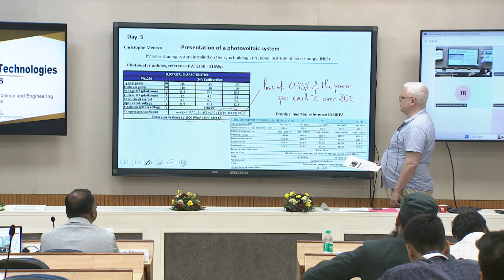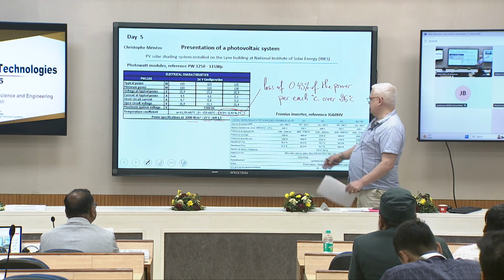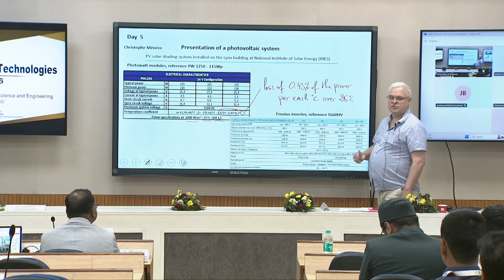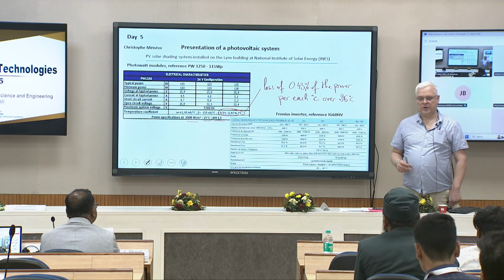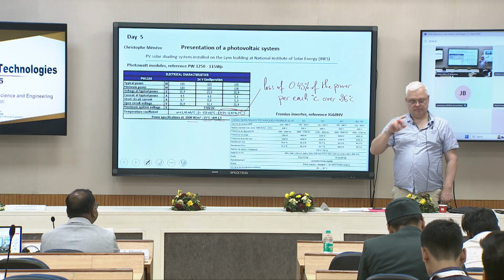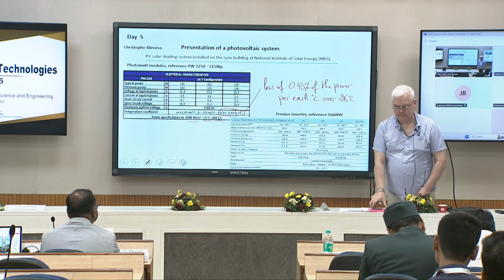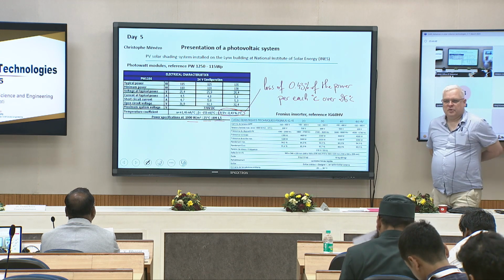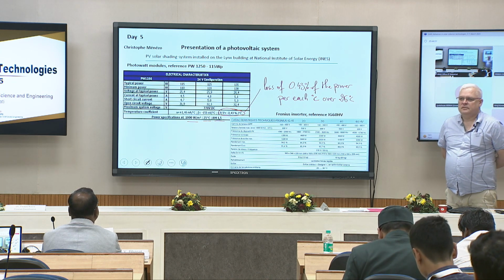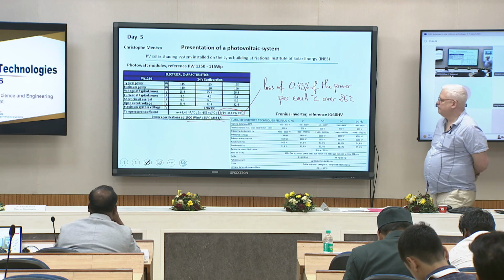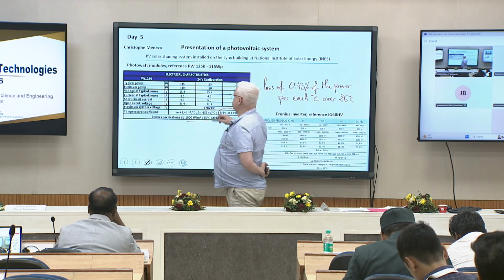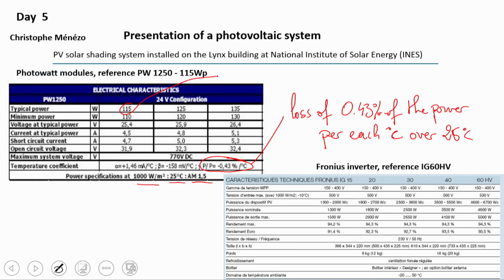Then regarding the inverter, what you can see is that there is the same brand but with a different range of inverter. Okay, so which one will we choose? What is important? Choose the power. The power of it is this power peak, 115.